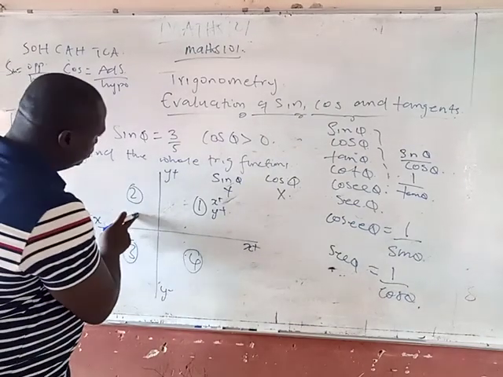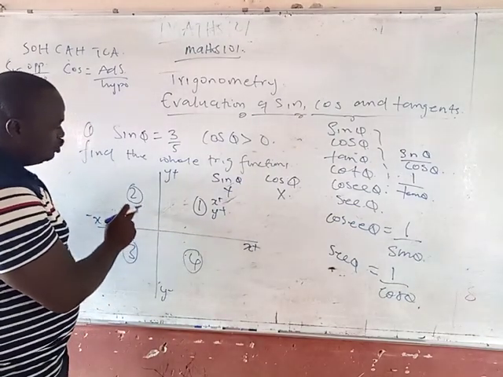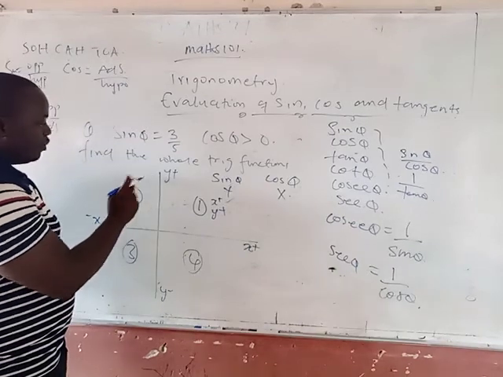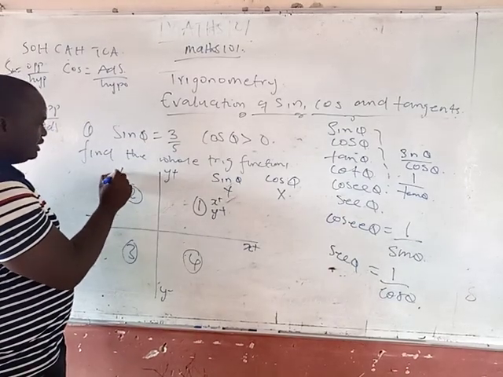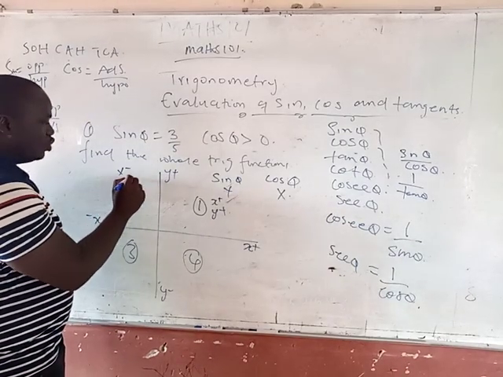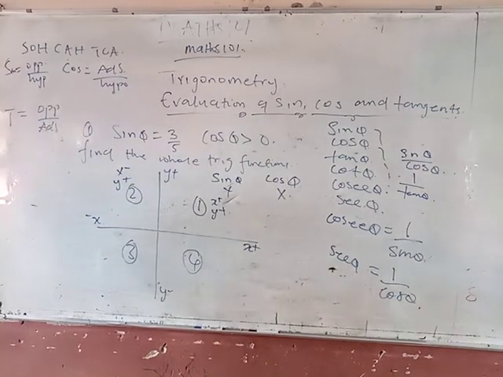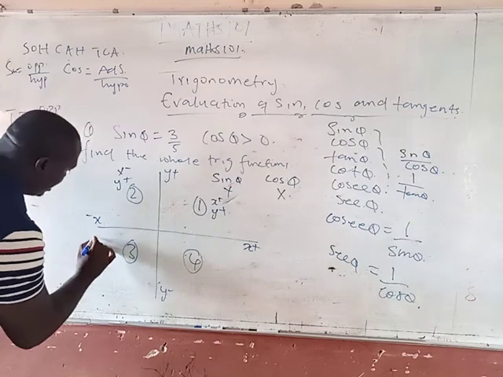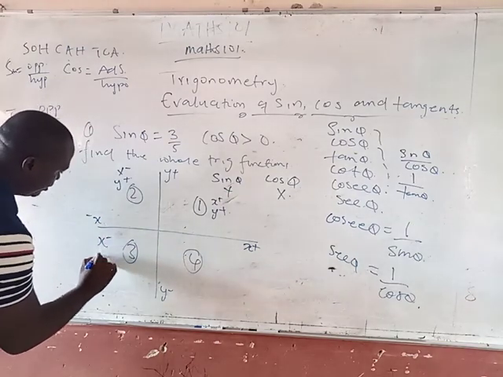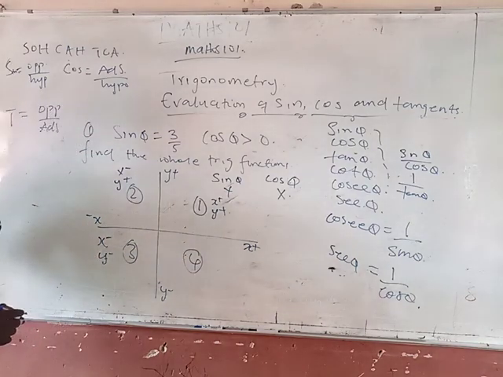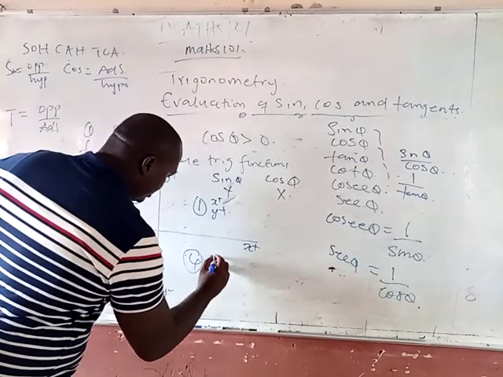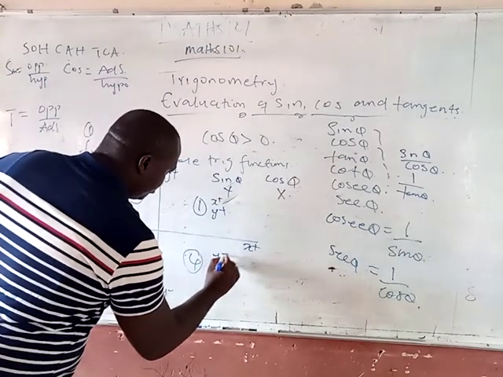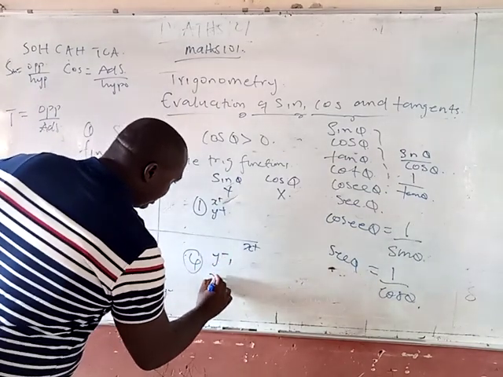If you come to this quadrant, you will see that x is minus, y is plus. Pay attention, please. If you come to this axis, you will see that x is minus, y is minus. If you come to this axis, you will see that y is minus, and then x is plus.